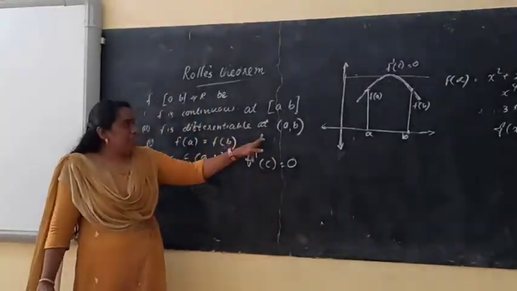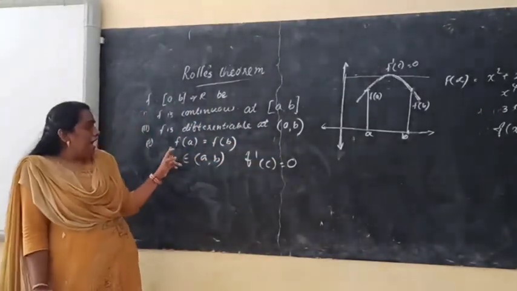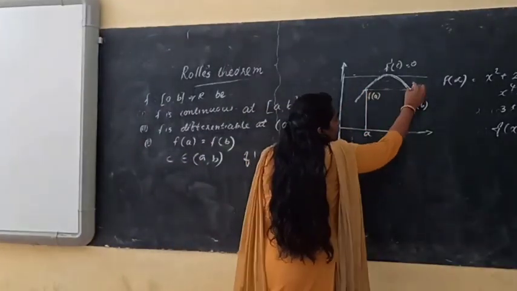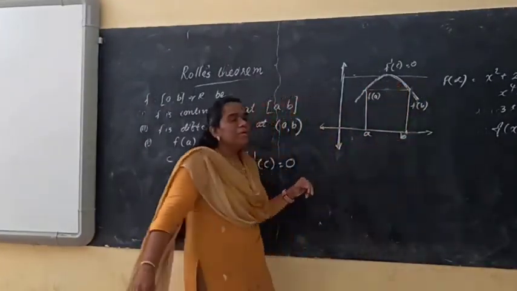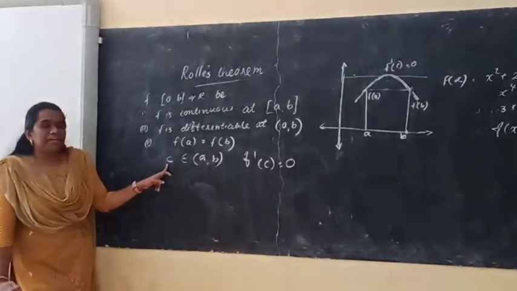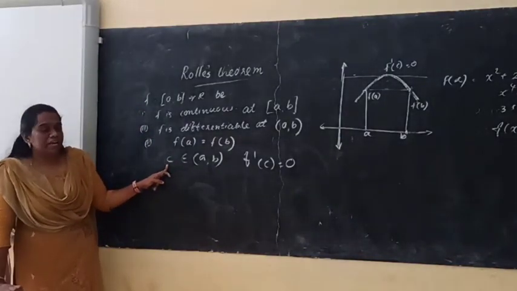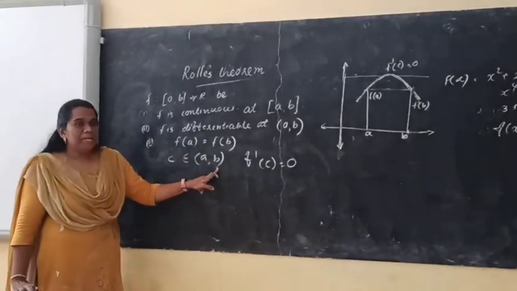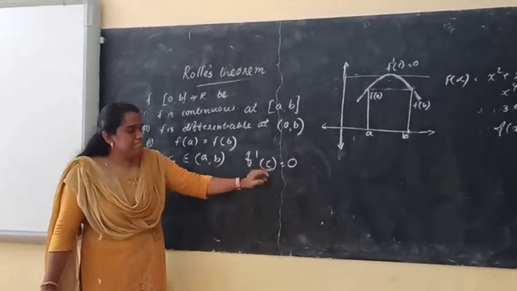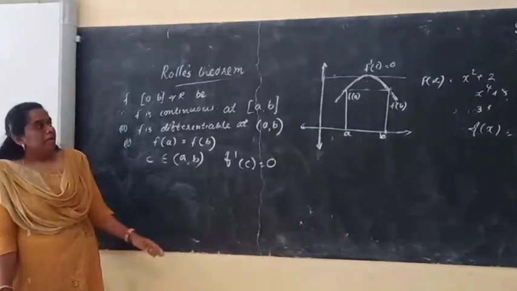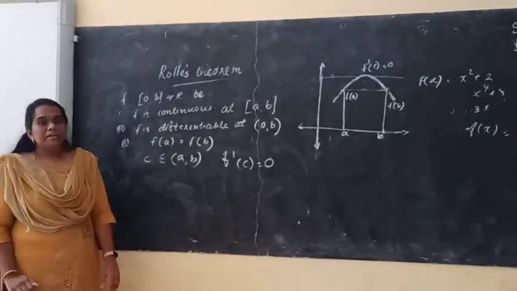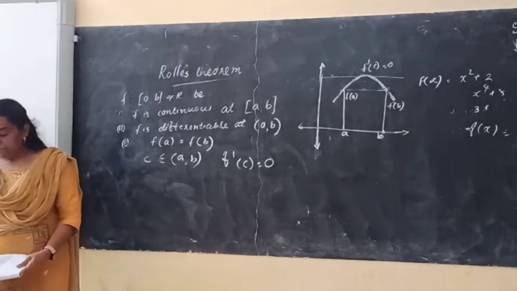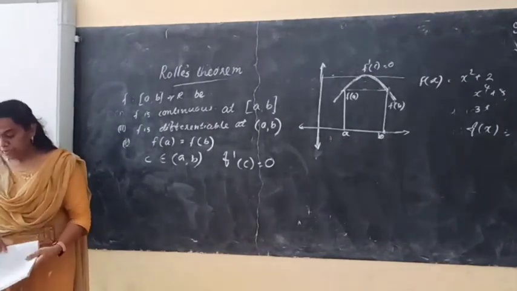And one more condition: f(a) is equal to f(b). Then we can find a real number c belonging to the open interval (a, b) such that f'(c) is equal to 0. If these conditions are satisfied, Rolle's theorem is verified. Then we can check the problem.